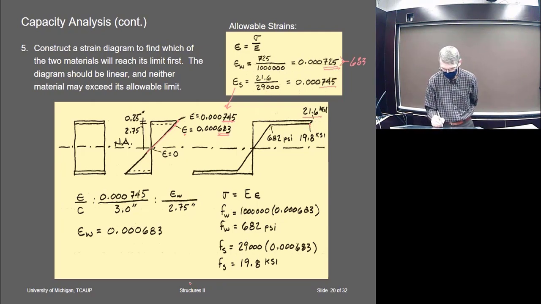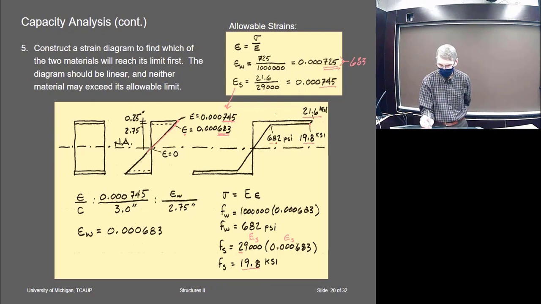So I think I did that somewhere. Yeah, that's this here. Here's the E modulus for the steel times the strain in the steel, right? And that gives me the stress at that strain. That would be that stress.